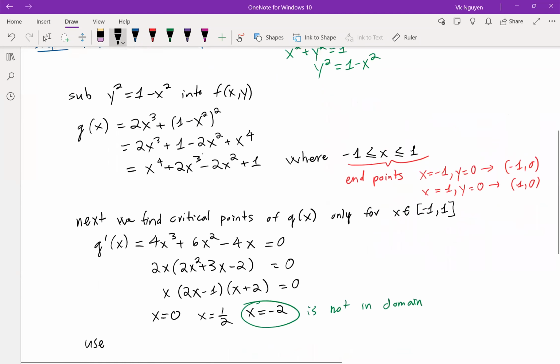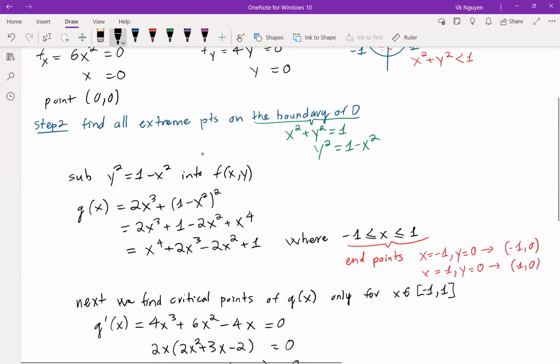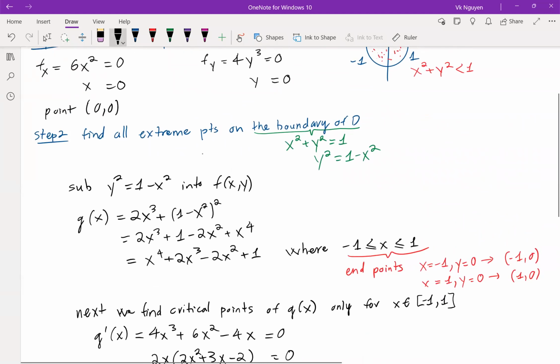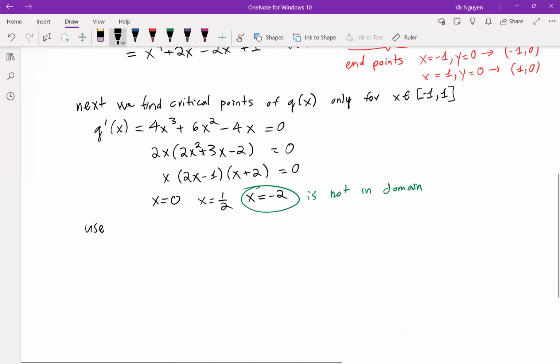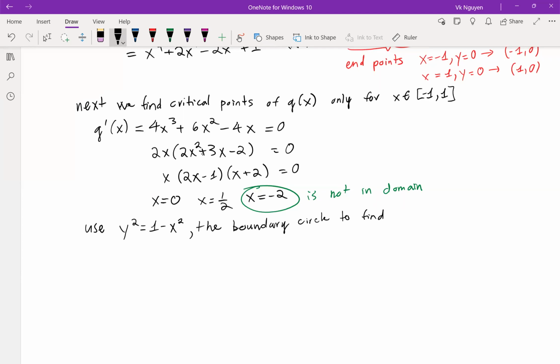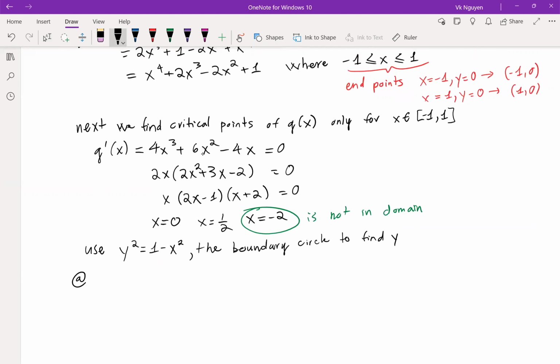Use y squared equal 1 minus x squared, the boundary circle, to find y. At x equal to 0, y squared is going to be 1 minus 0 squared, meaning that y squared is equal 1 and y is equal to plus or minus 1.